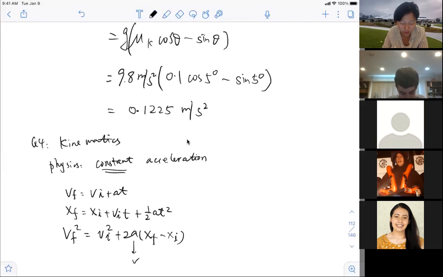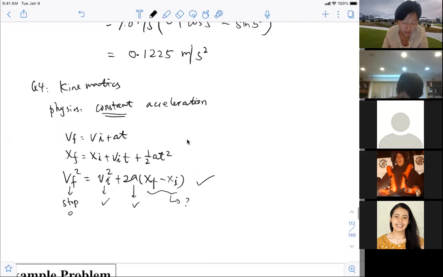So we found our acceleration. We are given the initial velocity. We know it comes to a stop. So we want to find the distance. I'm going to choose the third equation, right? That seems more straightforward to use right now. So I can plug in the numbers.